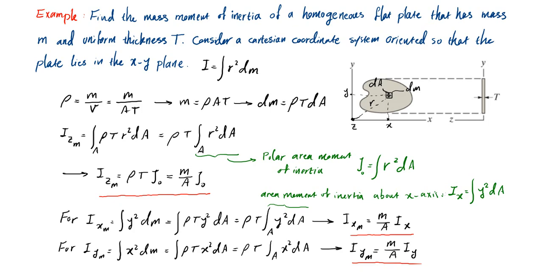Now, one thing I want to mention is that, as I said, we use the same notation, I_x, I_y, I_z, when we're dealing with mass moment of inertia. So both of them use the same type of letter to identify them.